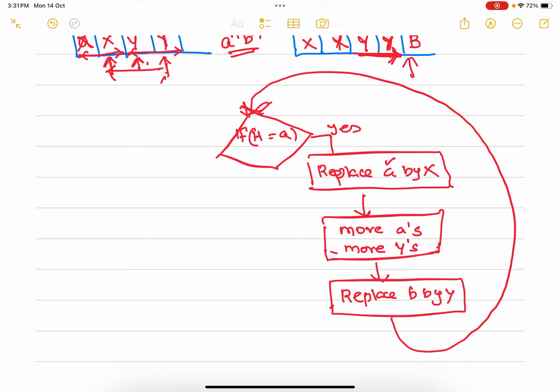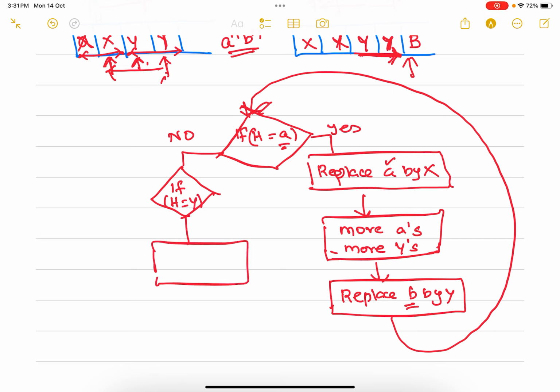If this continues for all a's, we find one b for each and pair them up. If H is not equal to a, the only other condition is that it should be Y. In that case you move over all Y's, and if blank comes, that is, if H is equal to blank, then accept the string.